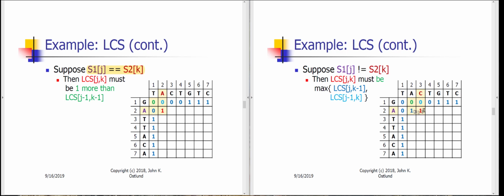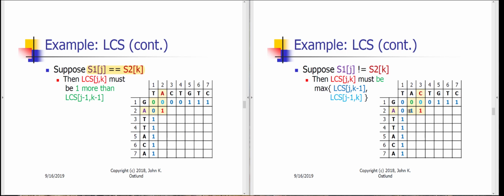So since we're still working in the same row containing A, and we have added another column containing C, we're going to take the maximum of this row in the previous column, which is 1, or this column in the previous row, which is 0. So the longest common subsequence up to this point is 1.